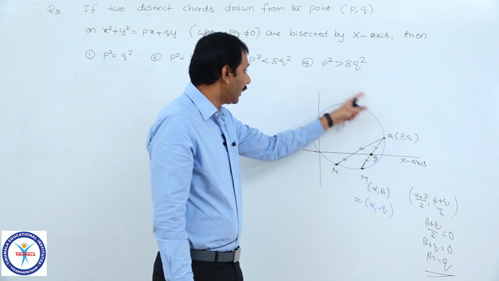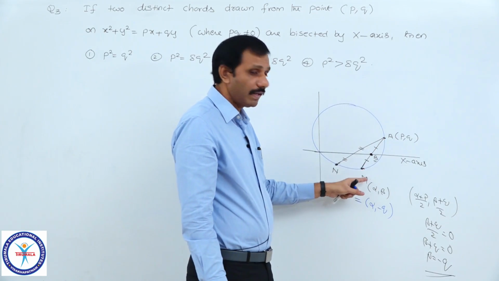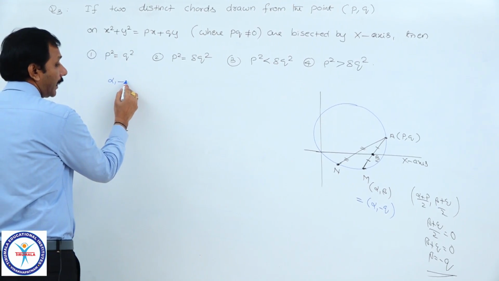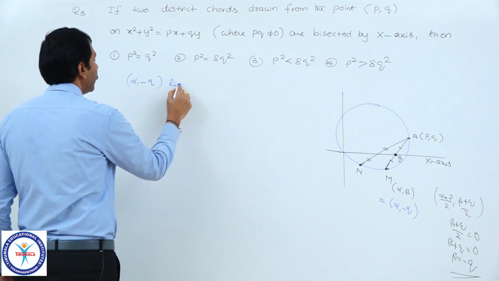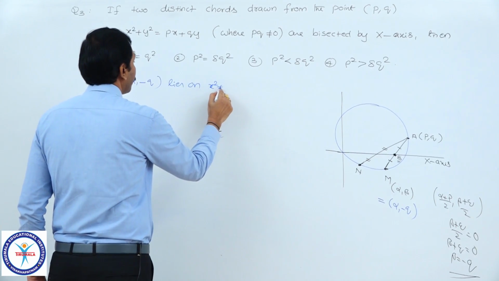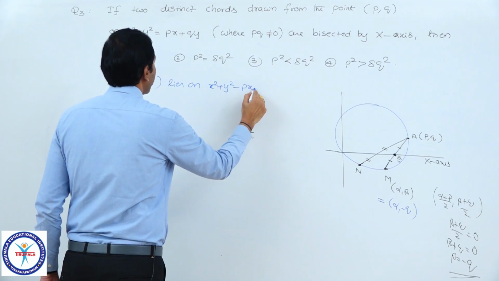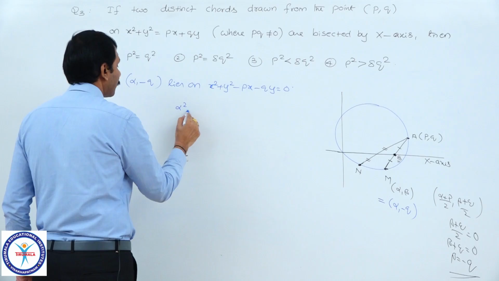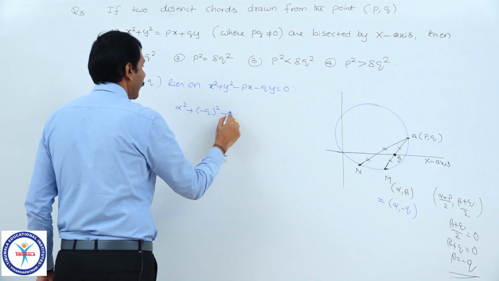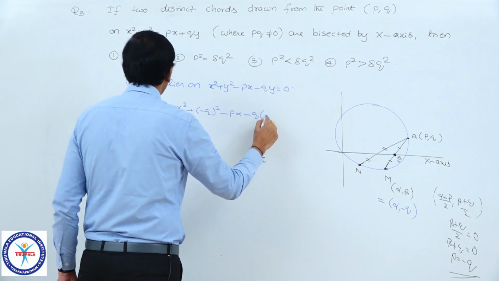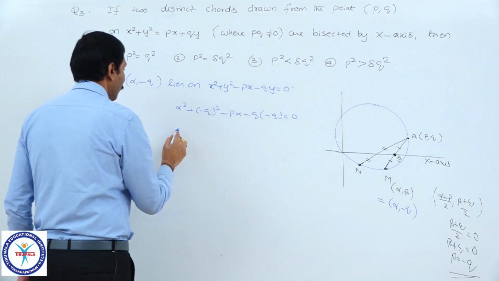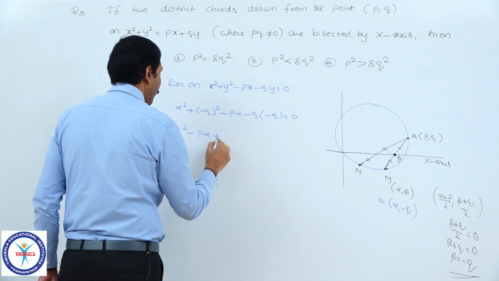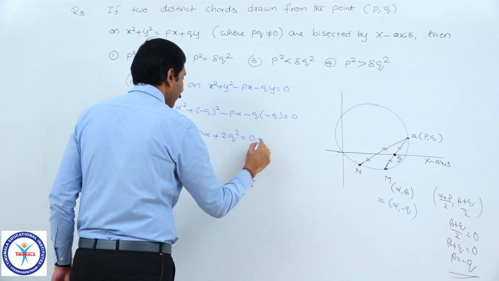Now, it is a point on the circle only. I will substitute that. Now, alpha comma minus q lies on x square plus y square minus px minus qy equal to 0, that is alpha square plus minus q whole square minus p alpha minus q into minus q equal to 0. Alpha square minus p alpha plus q square plus q square, that is 2q square, equal to 0.